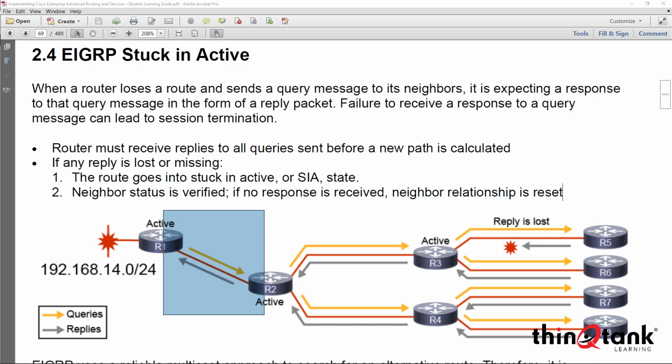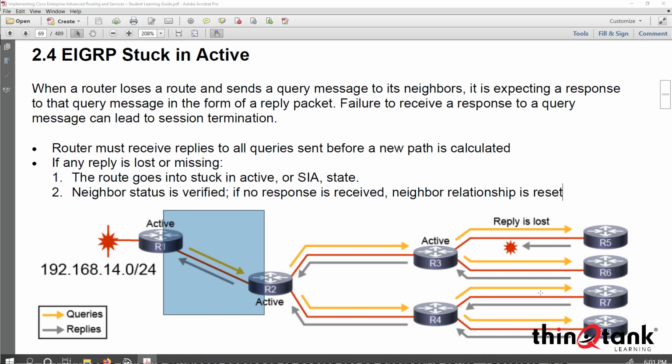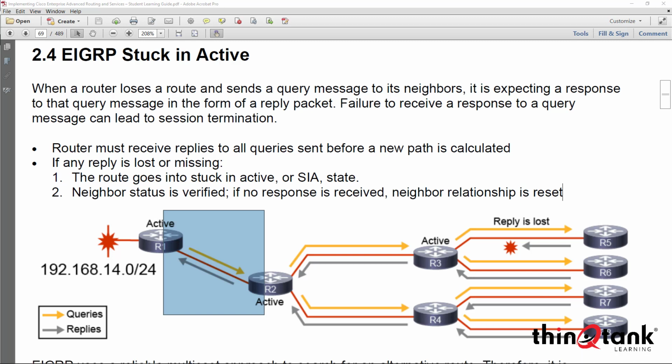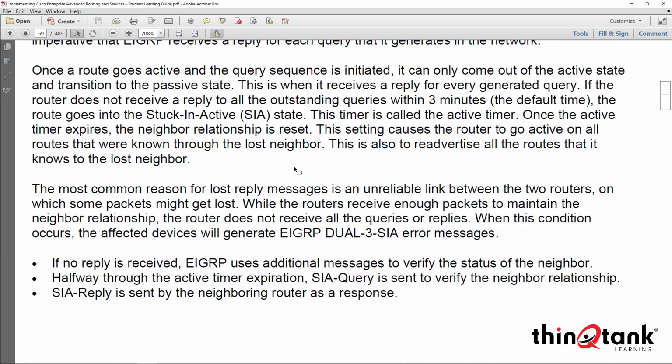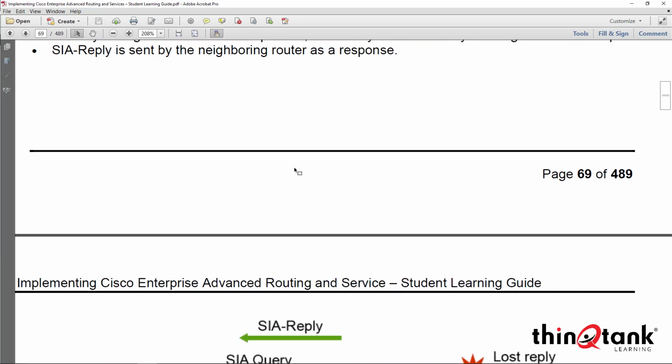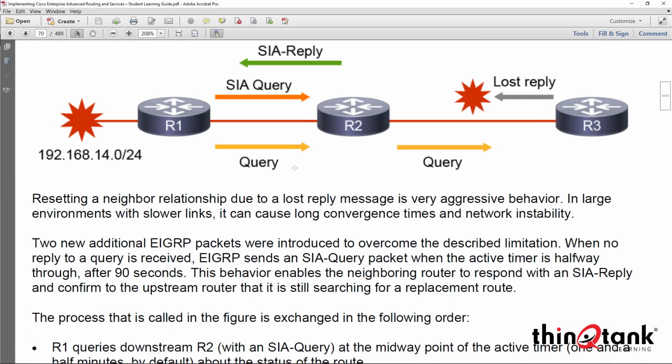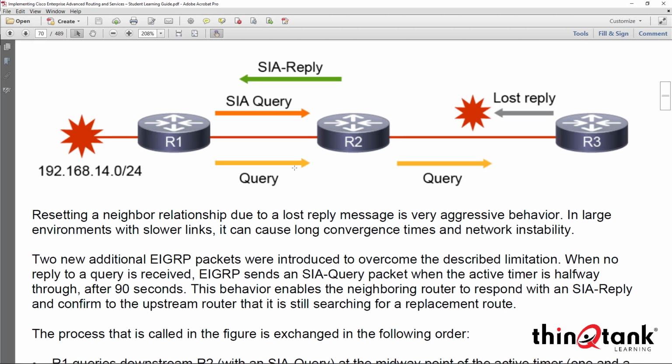Well, that was a pretty aggressive approach to managing this stuck inactive process. So what they decided to do, in newer versions of EIGRP, is add a secondary query process called a stuck inactive query process. Basically, let's say again the same scenario: router 3 is not able to reply to router 2.